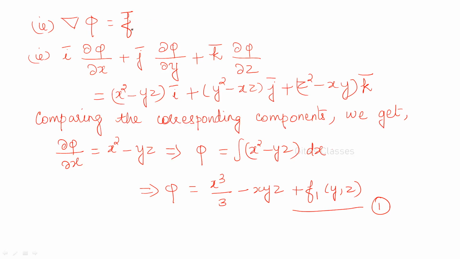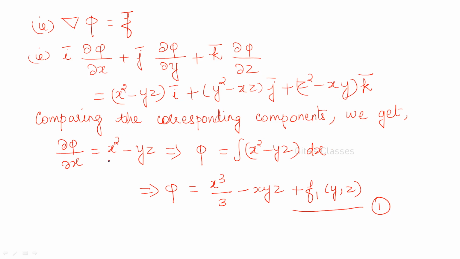The given vector f bar can be written as del phi. What is del phi? i into dou phi by dou x plus j into dou phi by dou y plus k into dou phi by dou z is equal to the given vector. F bar is nothing but the given vector. So comparing the corresponding components, the i component is dou phi by dou x. Here it is x squared minus yz.